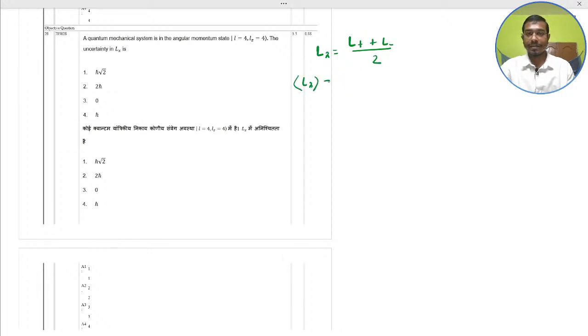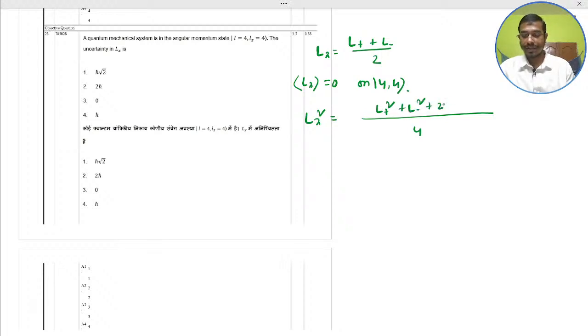So Lx expectation is 0 on what state? 4, 4, Lz, and the Lx square, this would be what? Just square this, L positive square, L negative square plus twice L square minus Lz square. Put this value 0 plus twice L into L plus 1 minus m square ħ square divided by 4.